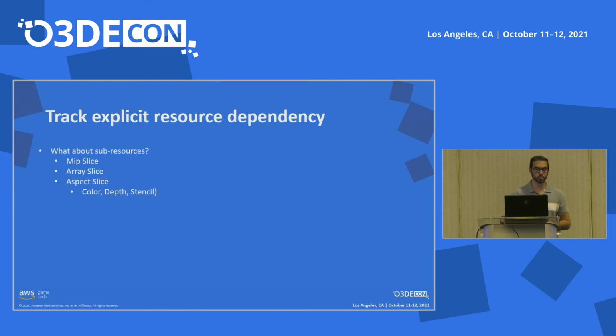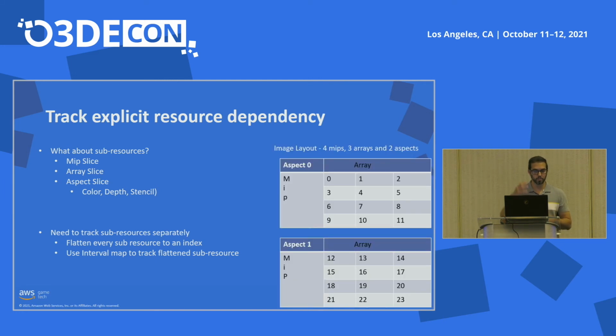Well, these are resources. What about sub-resources? Because textures have mips, arrays, and then you have your aspect slices, because you can have color, depth, or stencil. We actually need to track all the sub-resources, and it can become a really complex problem. We solve it by using something called an interval map, where we flatten out all the sub-resources to an index, and then we use an interval map to track resource state for a contiguous set of sub-resources.